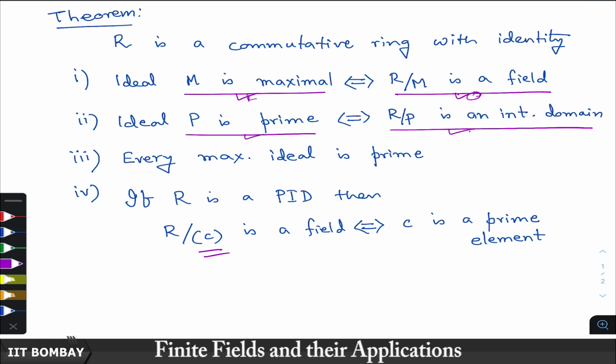This quotient ring is a field, which means that this ideal is maximal. This is equivalent to saying C is a prime element. So, for PIDs the quotient ring is a field if and only if the generating element is a prime element. Now, let us prove these statements.